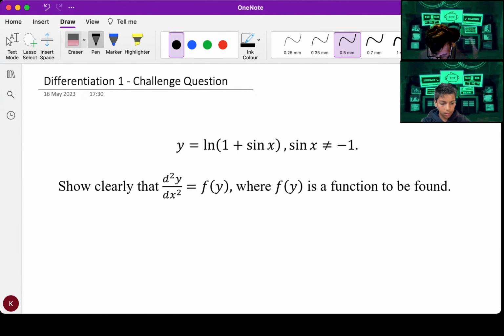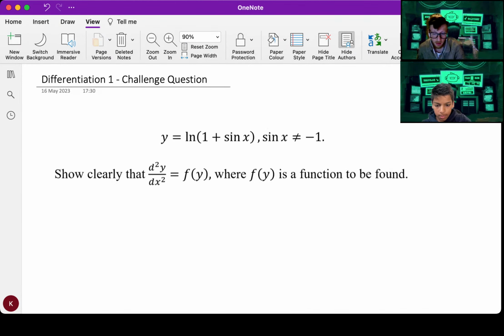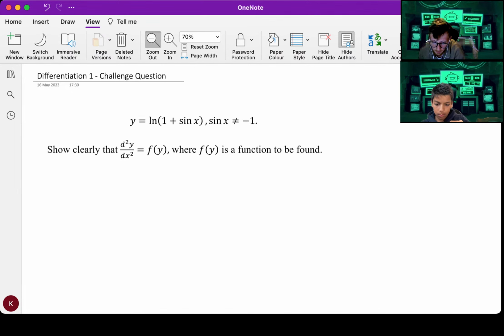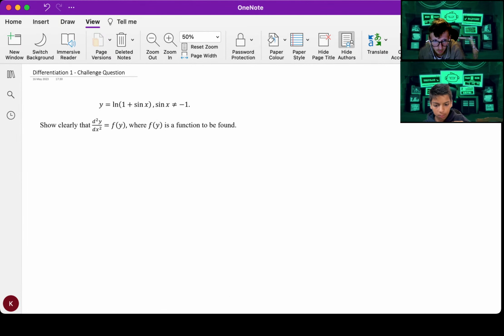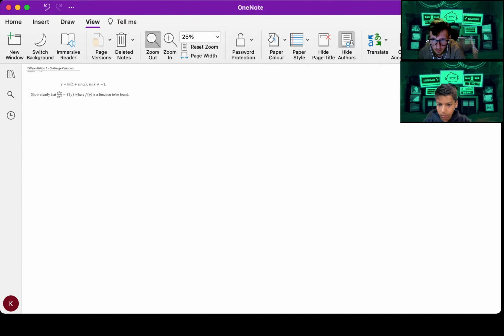Right. Okay. Well, we've got part B there. What part B?